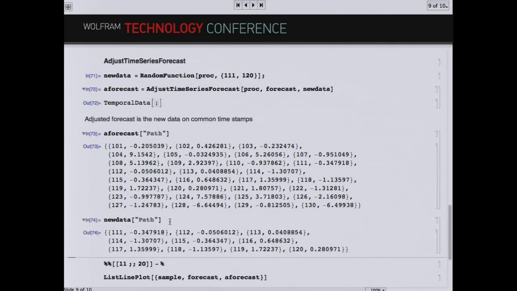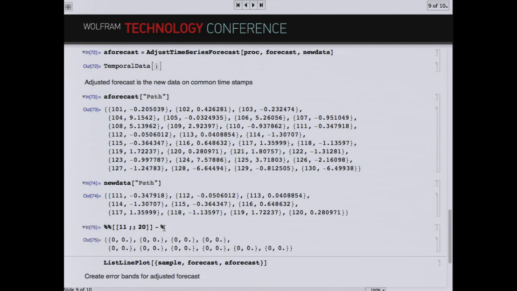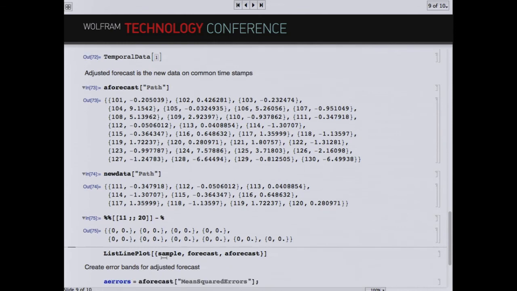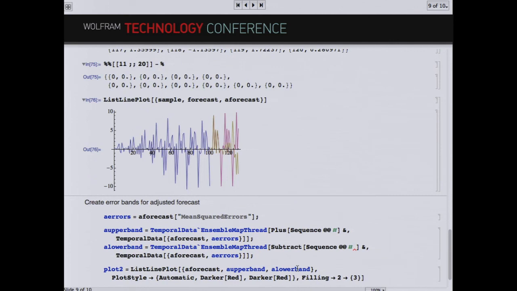And I look at the new data. Okay, it starts with timestamp 111, and when you look at this part, which is in between, for the stamps 111 and 120, the adjusted forecast is exactly the same as the new data. And so I can plot this, and we see that we have the old forecast at the beginning, then there is new data, and then there is an adjusted forecast.